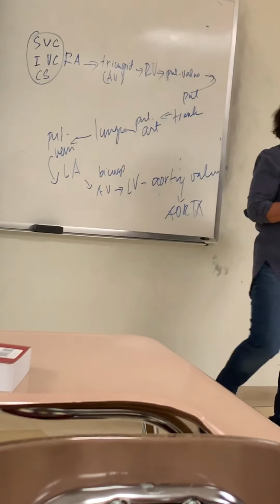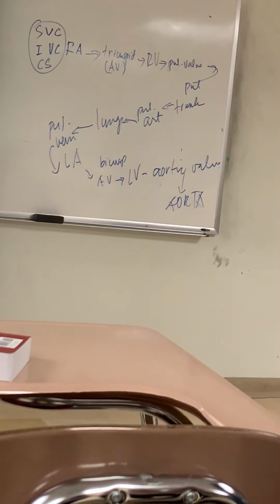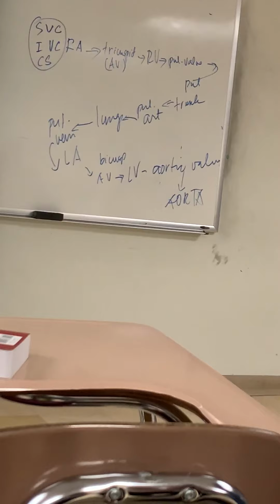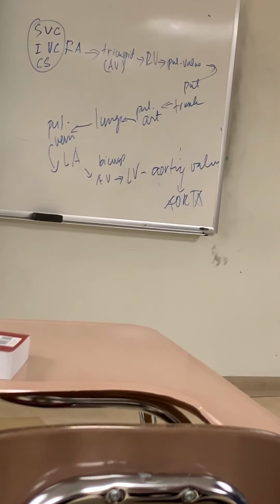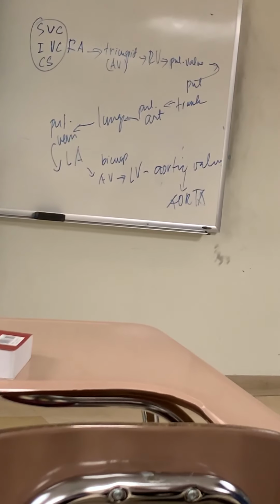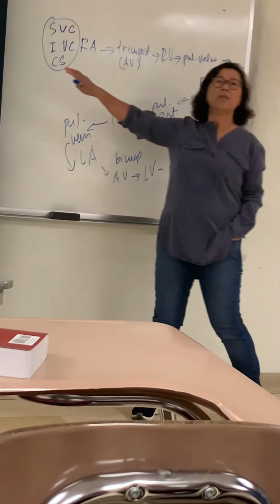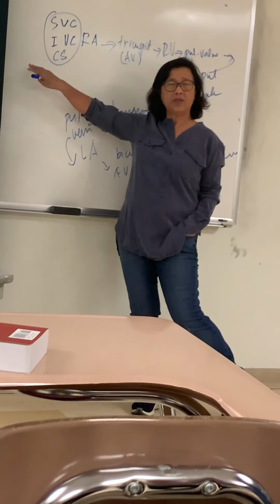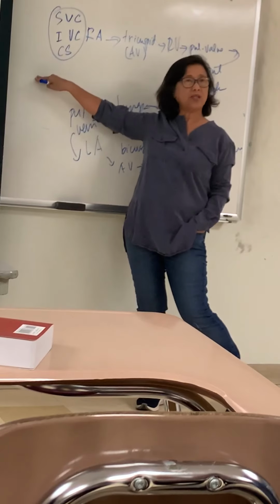Okay, repeat. Study this, huh? Because if you don't understand this, the next cardiac cycle, the next EKG, the next conduction system, you won't be able to understand when we study systole, diastole. Okay, again, this will come from the body. These are the veins that will bring the carbon dioxide to the lungs.